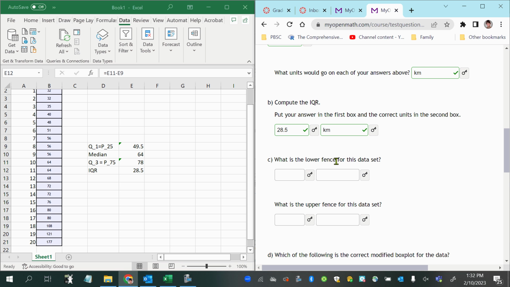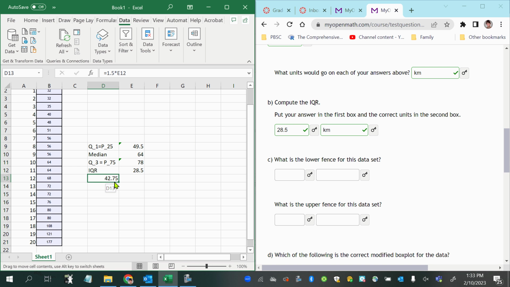Okay, now what is the lower fence for the data set? Well, we know that to get the fences, to block out where the values are that we will not consider outliers, where the boundaries are, if you have values past these boundaries, they would be considered outliers. So what you want to do is take the IQR, the interquartile range, and multiply it times 1.5.